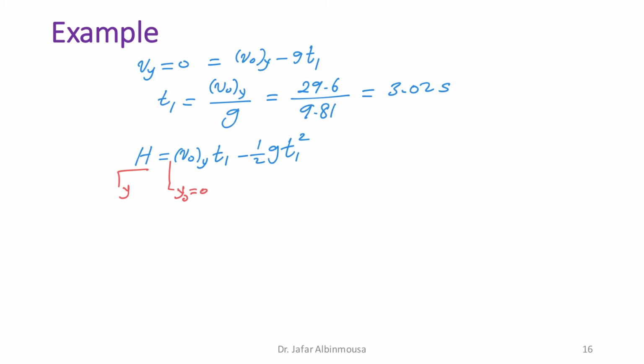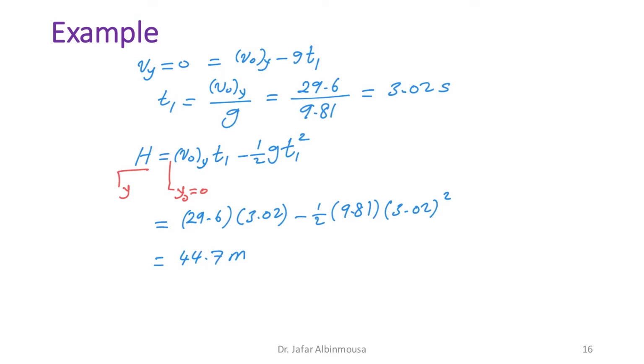So if you use this equation, you will see that this height is 29.6 multiplied by 3.02, the time t1, minus 1 over 2, 9.81, multiplied by 3.02 squared. And this is going to give you 44.7 meters.